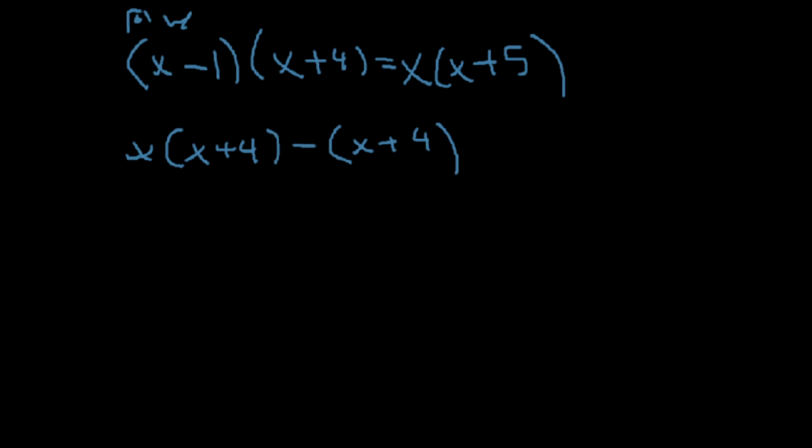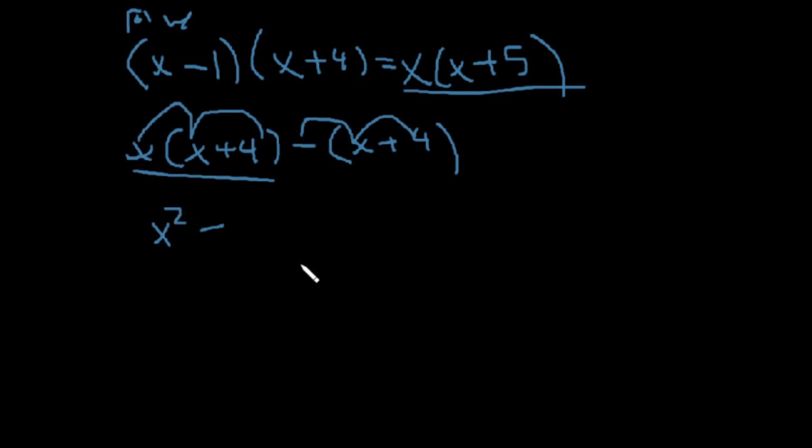Well, anyways, what you do next is just distribute: x squared plus 4x, minus x minus 4, okay? That's just x squared minus 4.